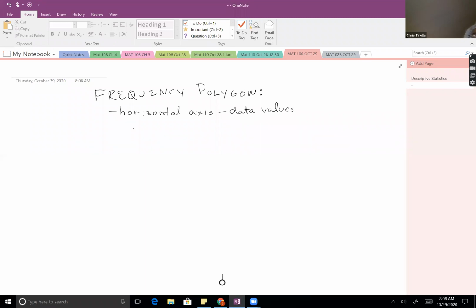The vertical axis is going to be the frequency. We have to make sure we label everything. But this is a broken line graph.